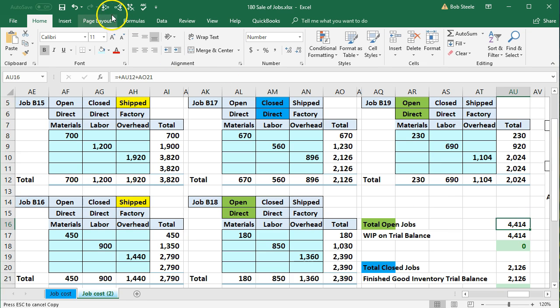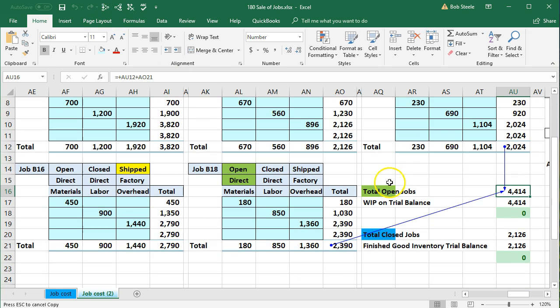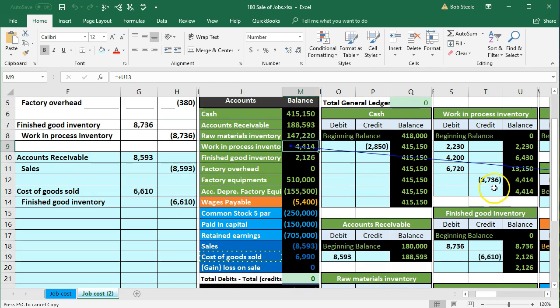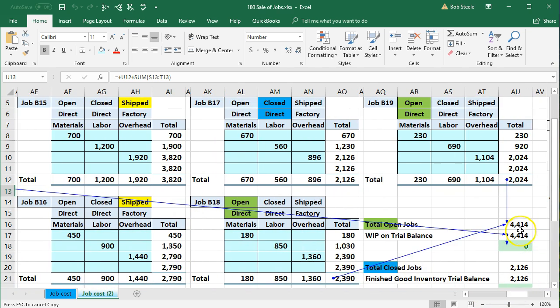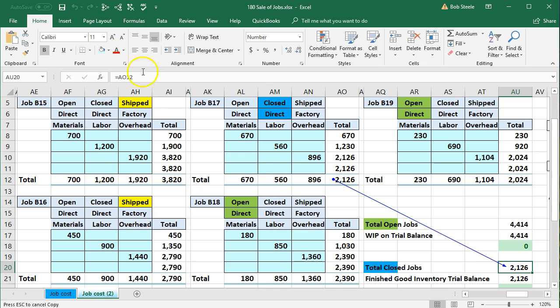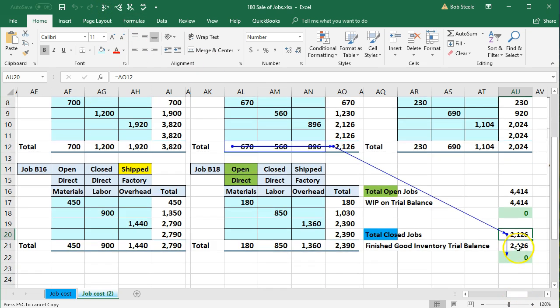So these two, of course, are still work in process, which is supported by this amount on the trial balance. So if we go to the trial balance, there's the work in process. It's supported by the work in process GL, as well as the jobs, as long as we've got them properly allocated. And then the closed jobs consist of just this one. It's going to be on the GL.